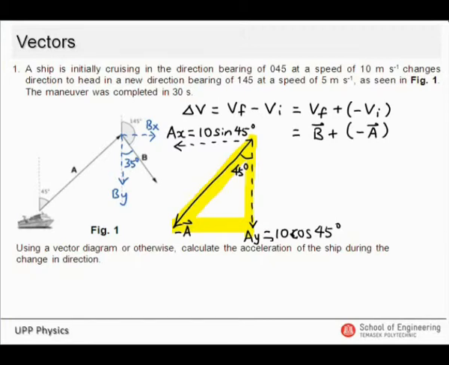And Bx, since the speed is now 5 meters per second, will be 5 sine 35 degrees. And for By, it will be 5 cosine 35 degrees. So the four components are found.